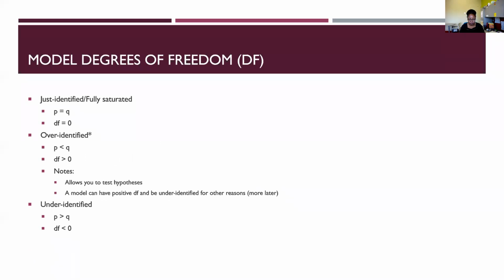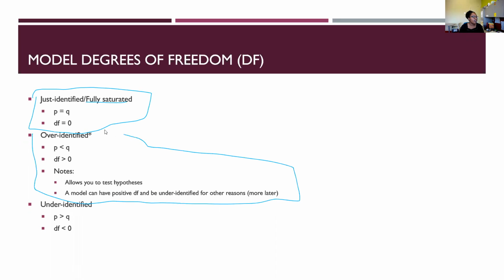All right. Now, before we get to that example, we want to talk about the different degrees of freedom you can come up with. What we want to have is positive degrees of freedom. So that means either just identified, where the degrees of freedom is 0, also called fully saturated, or over identified, where we have more data points than we have parameters.